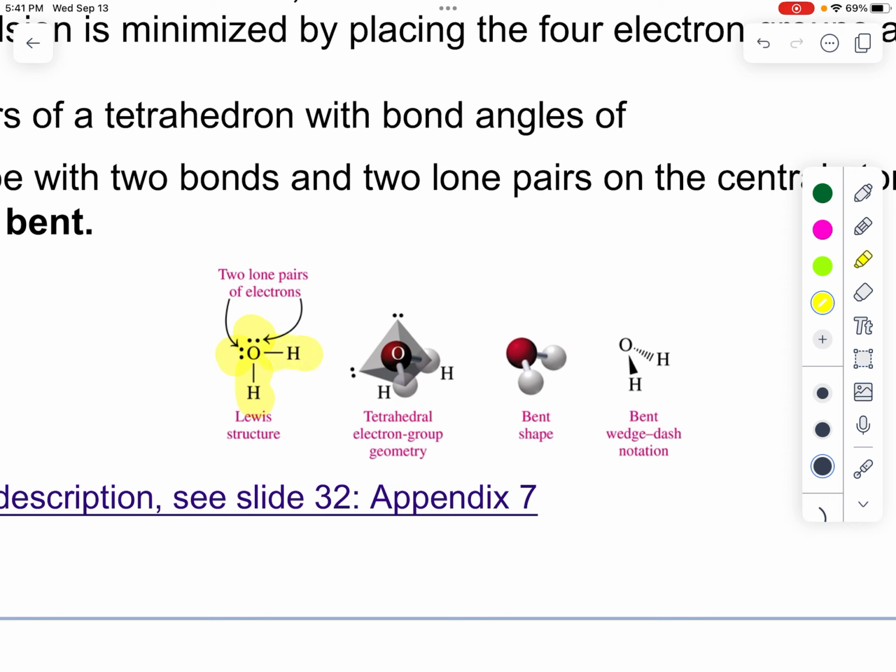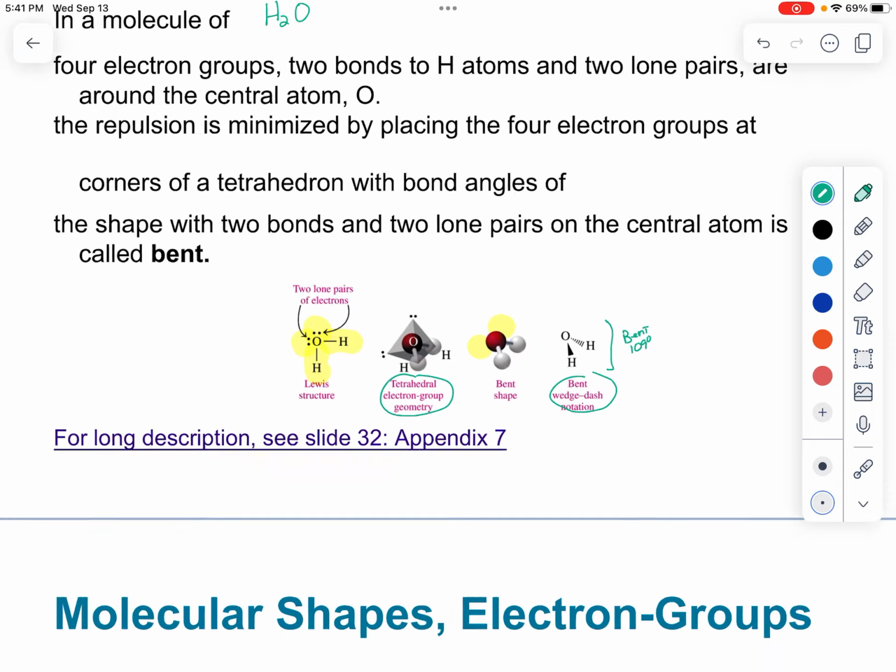But 2 of them aren't bonded to any atoms. And so we say that the electronic geometry is tetrahedral. The molecular geometry is bent, but this is bent 109. And I do expect you to know the difference between bent 109 and bent 120.